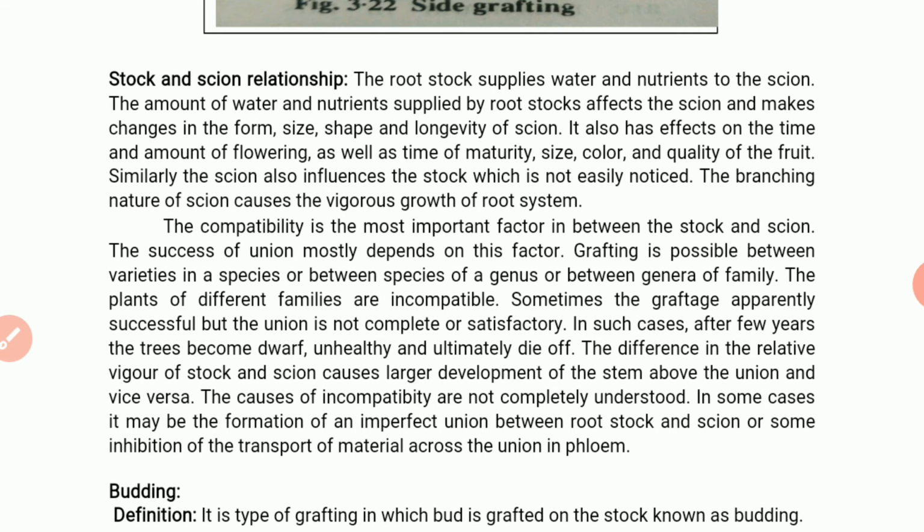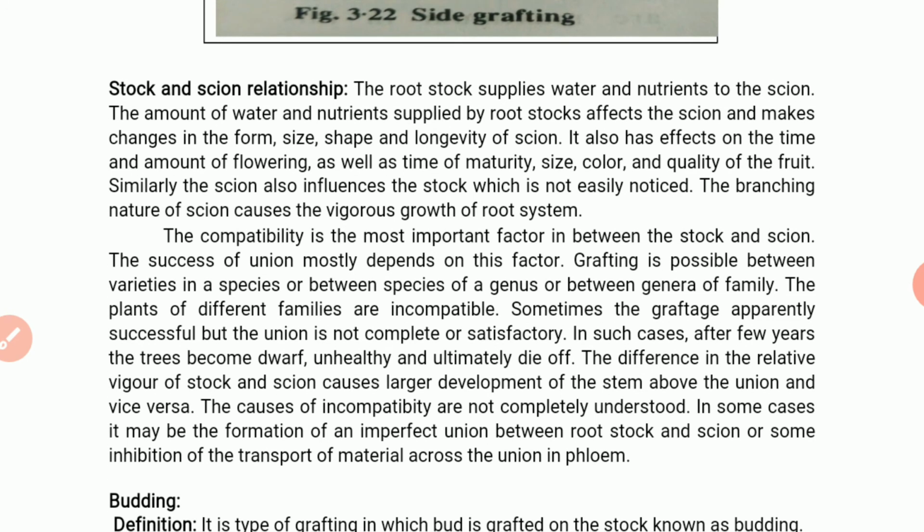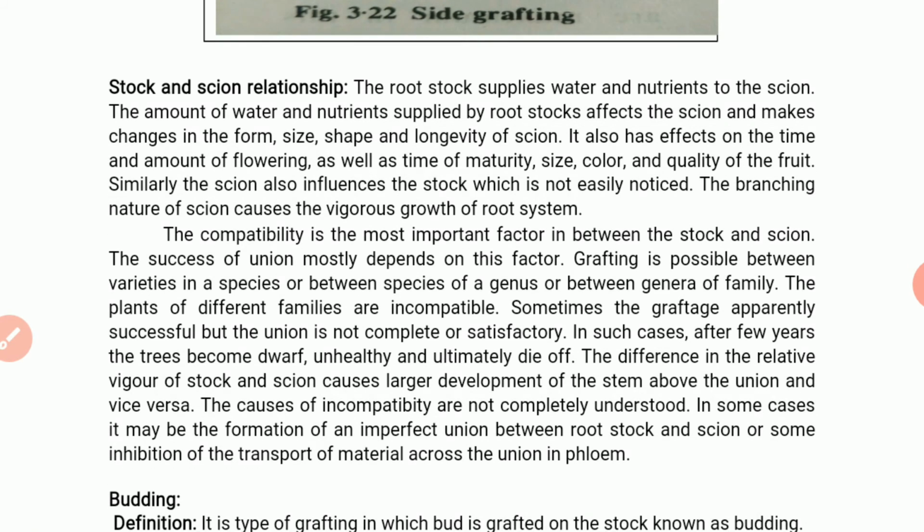It also has effects on the time and amount of flowering as well as time of maturity, size, color, and quality of the fruit. Similarly, the scion also influences the stalk, which is not easily noticed. The branching nature of the scion causes vigorous growth of the root system. So simultaneously stalk and scion affect each other.